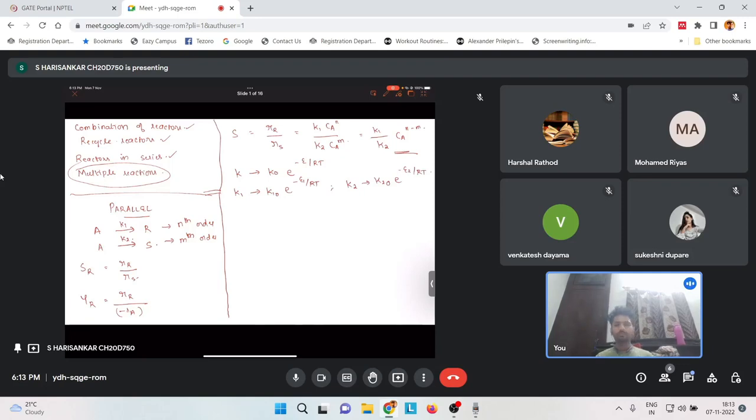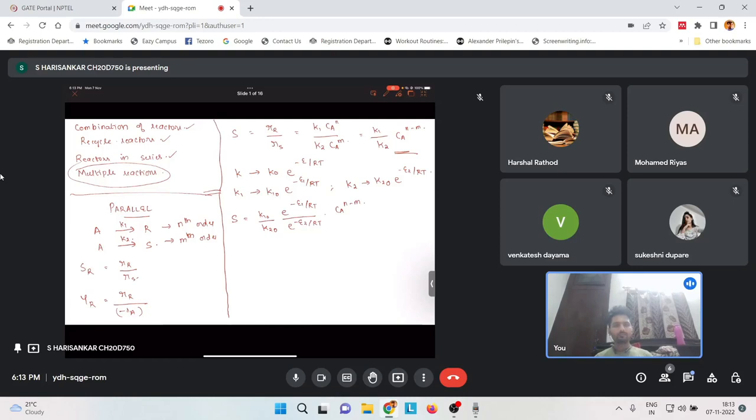So now if you substitute these equations for K1 and K2, we'll get something like selectivity is equal to K10 by K20 into e raised to minus E1 by RT by e raised to minus E2 by RT, into Ca raised to n minus m.